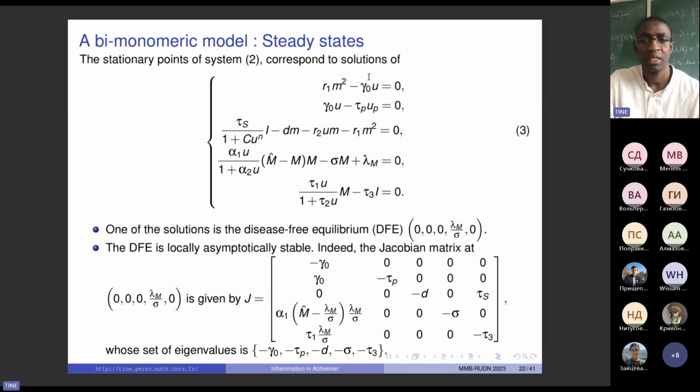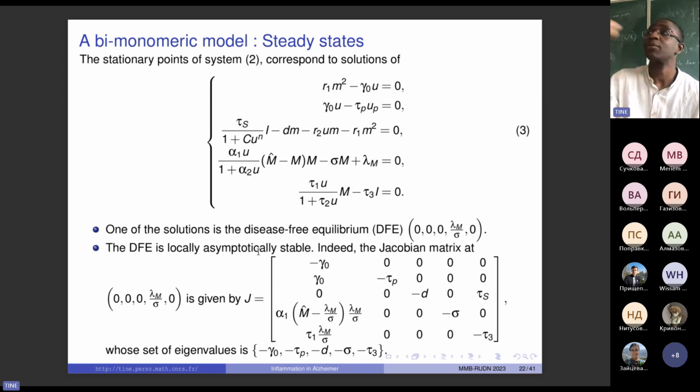The disease-free equilibrium is the point 0, 0, 0, lambda m over sigma, 0. The question is what we can say about its stability.